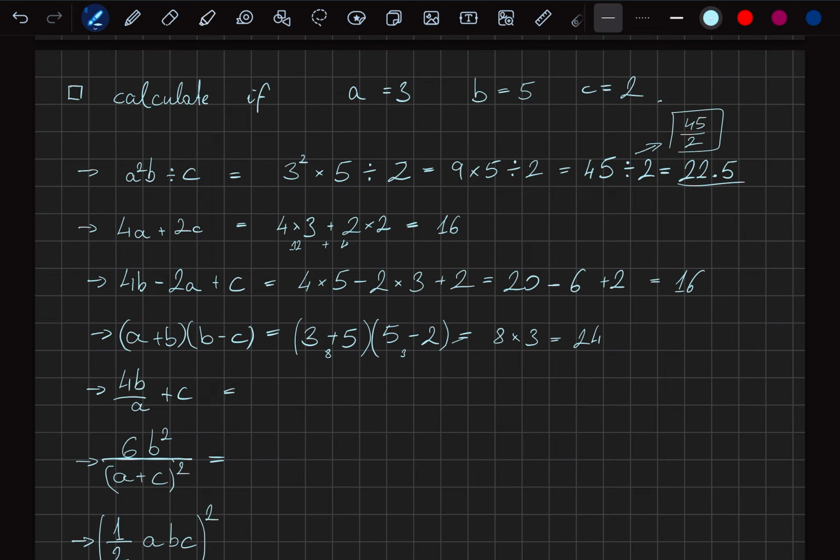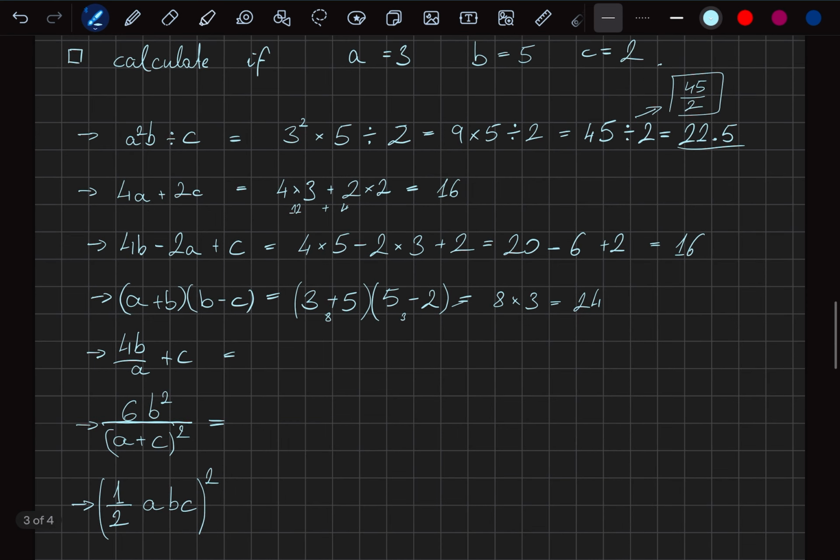4b over a plus c. 4 times 5 over 3 plus c. So it's 4 times 5, it's 20 over 3 plus 2.